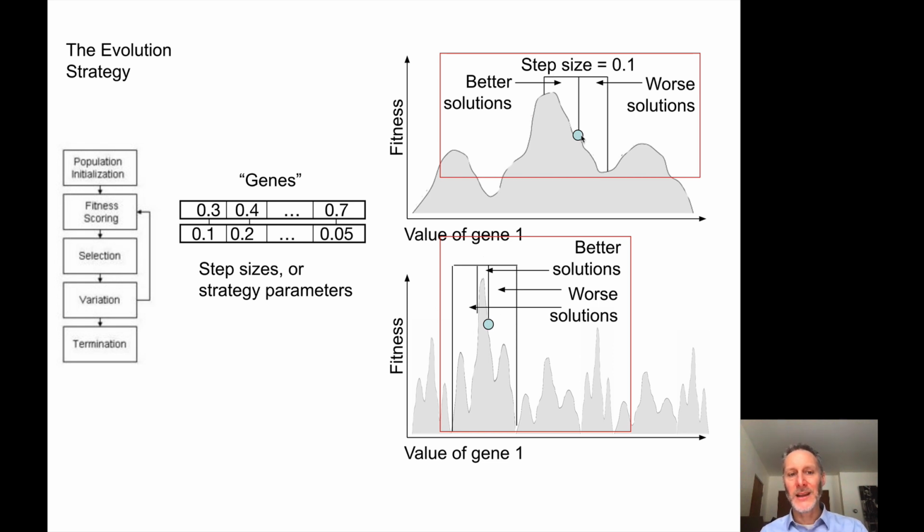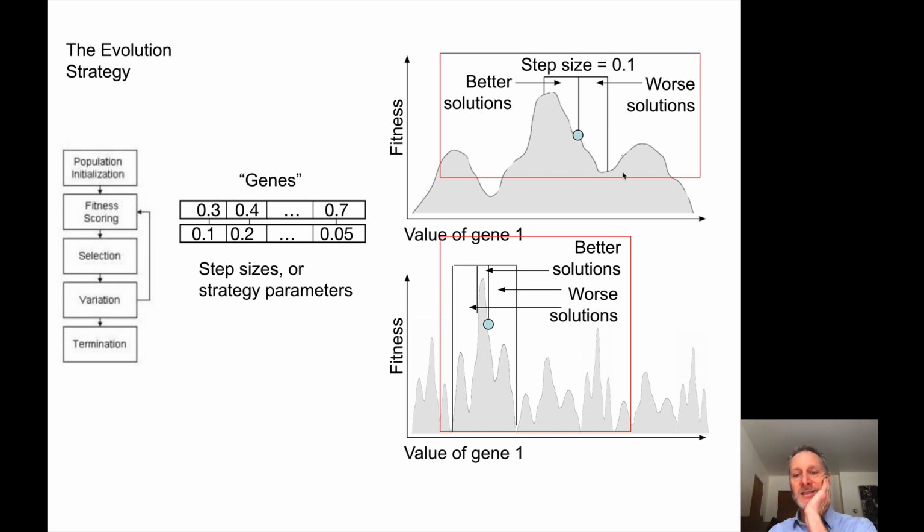How do we break this catch-22? The evolution strategy does this by, again, encoding gene values in its genome. But in the same genome, every gene value has a corresponding step size. This is known in evolution strategies as the strategy parameters.